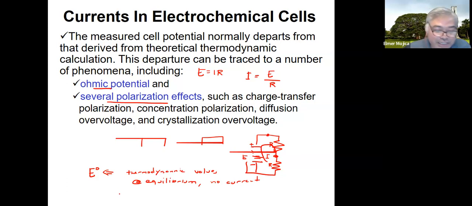What would be the effect of the current on the cell potential? In a galvanic cell, what do you think will happen? Decrease or increase? And if you have an electrolytic cell, what do you think happened to the potential?